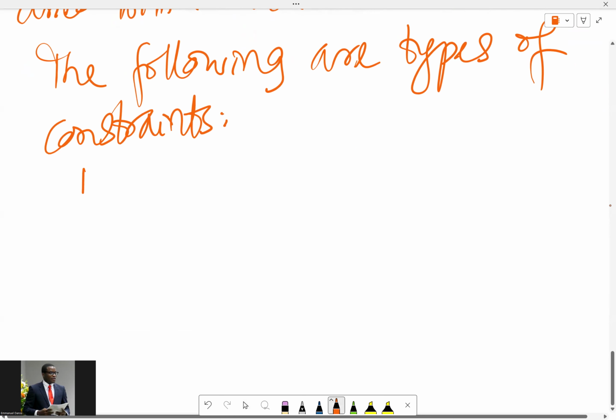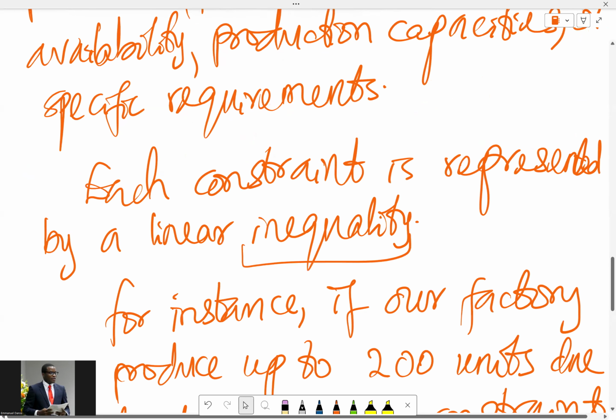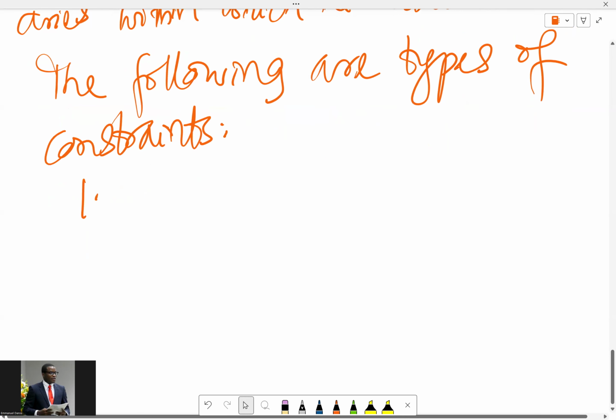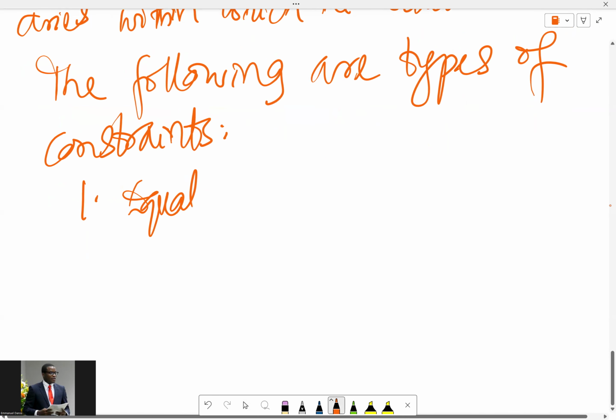Number one, we have equality constraints, just like the one we saw up there.